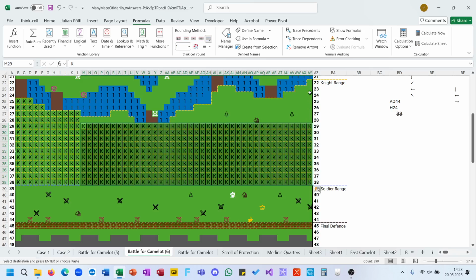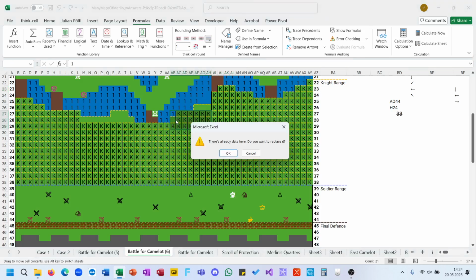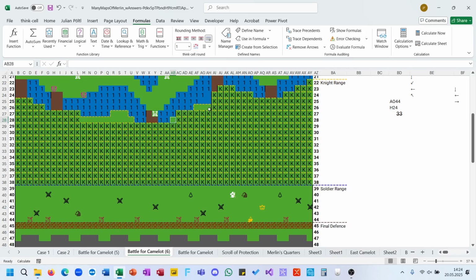So here for K, everywhere where we're in night range, I write in a K. And yes, we're finished.